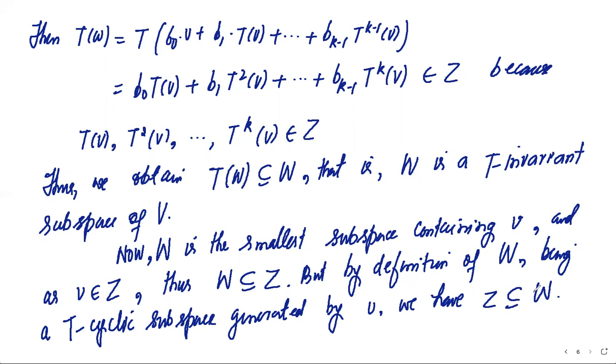So there is no restriction on the powers of T. So clearly the span W also contains all the elements which span Z. So Z must be contained in W.